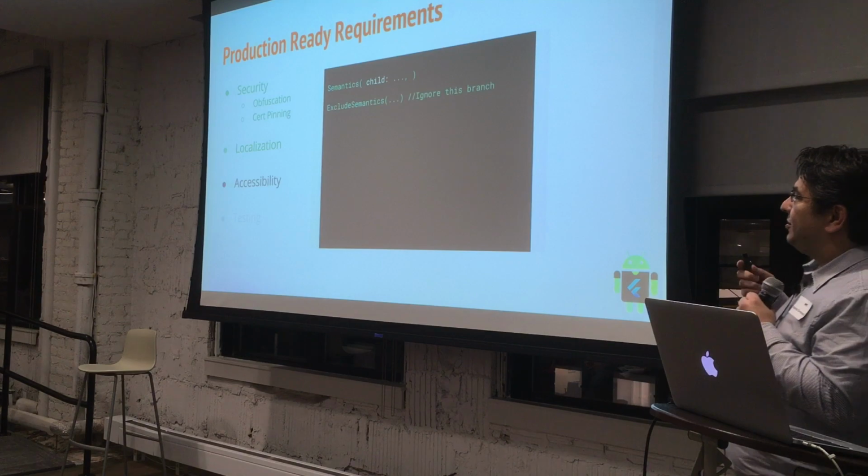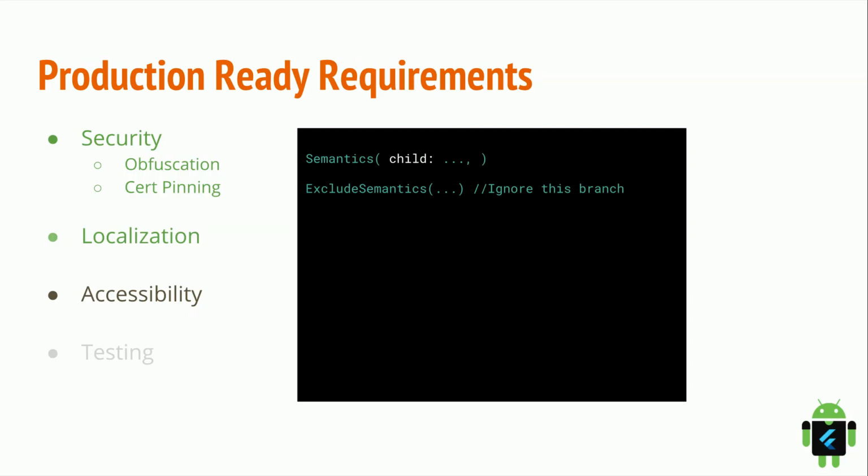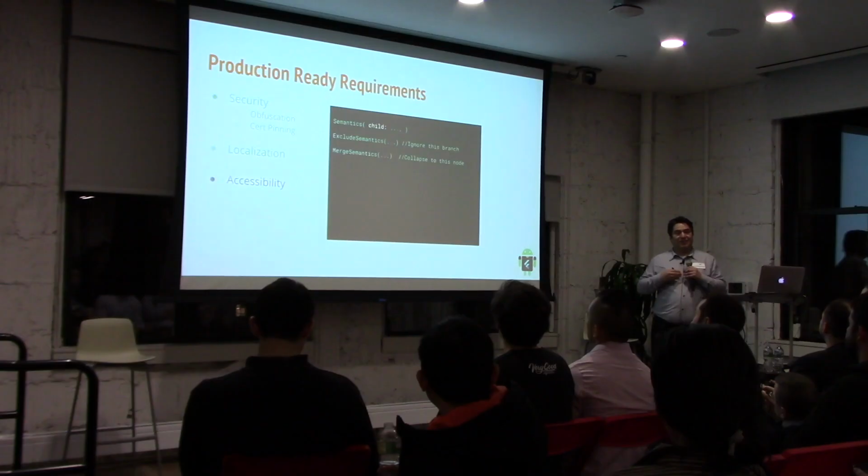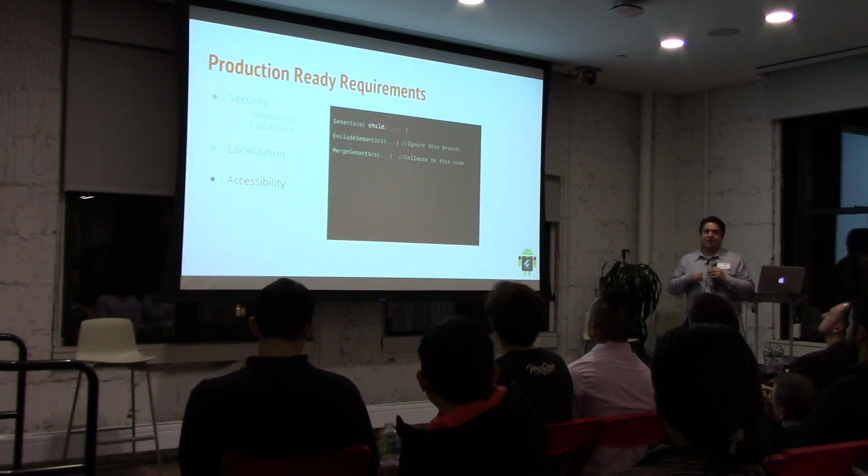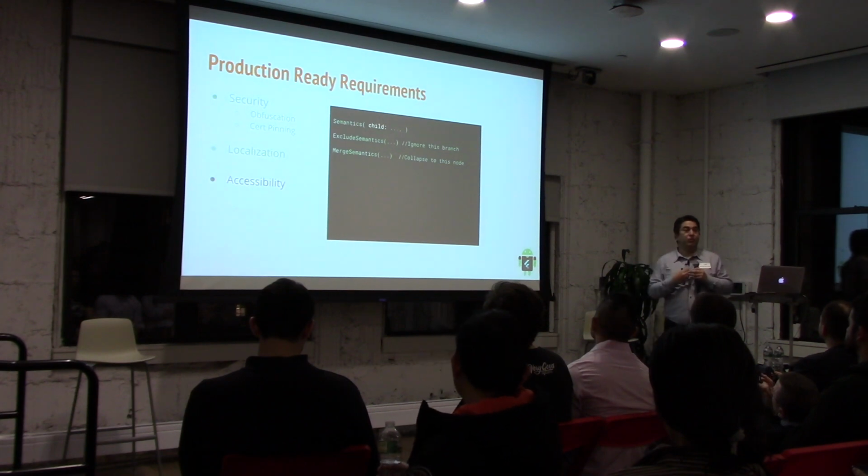And so there's an exclude semantics. The exclude basically says, ignore all of the widgets under this branch. There's a merge semantics, which says, everything under this collapses to me, so speak all of the semantics underneath me as though they were tied to me. So you get nothing below you, because everything below you is excluded because it's included in your description.